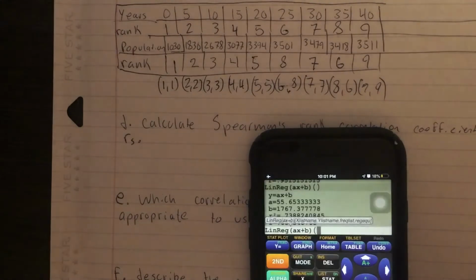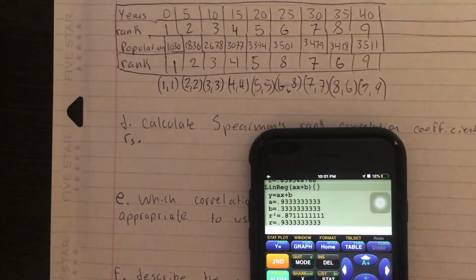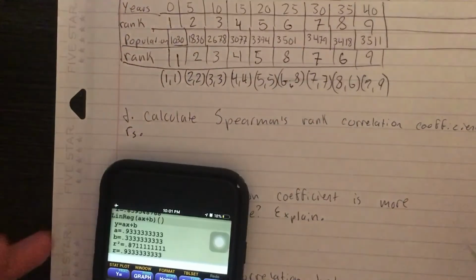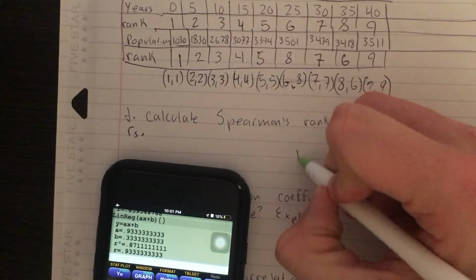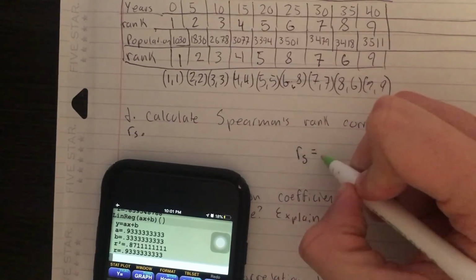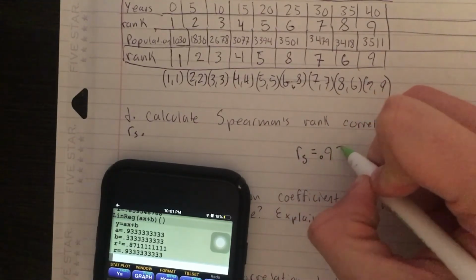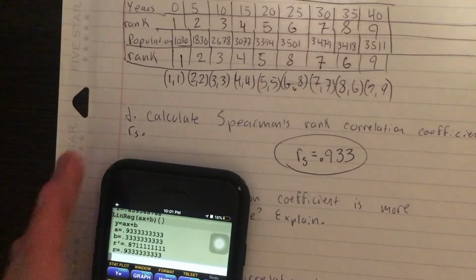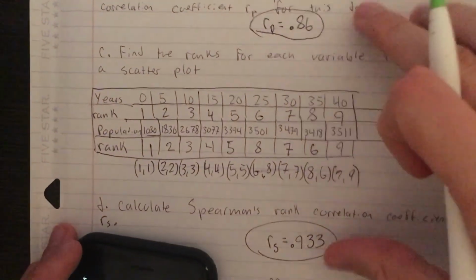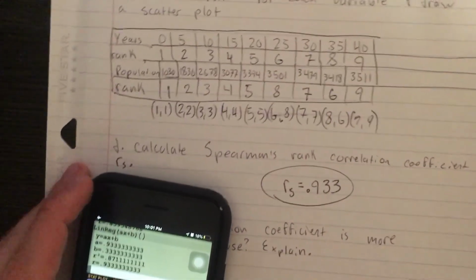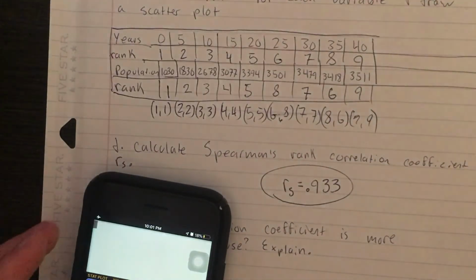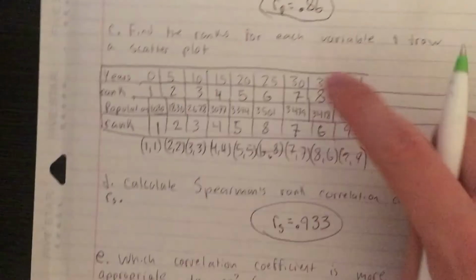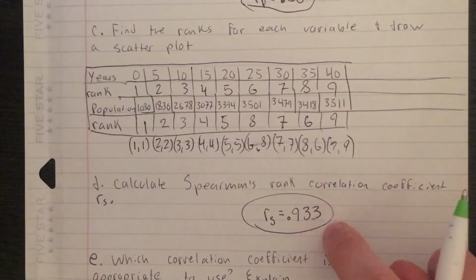So we go to linreg again, we hit enter, and so the Spearman's coefficient for that, the R sub s, is going to be 0.933. So stronger than the coefficient we found up here. So that suggests that data there, if we thought it might not be linear, then we want to roll with the Spearman's here.